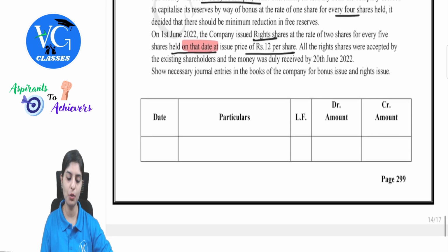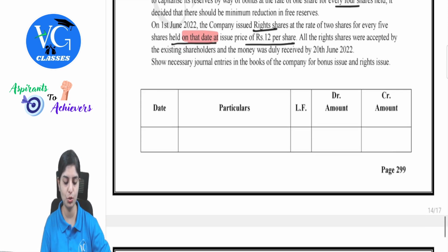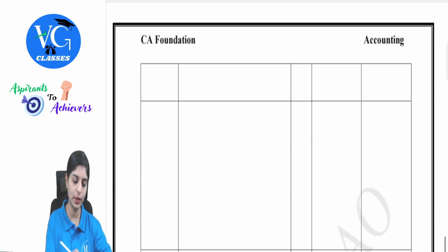So what is the entry on 1st June when the company issued rights shares? All the rights shares were accepted by the existing shareholders and the money was duly received by 20th June. So the entry happens on 20th June.